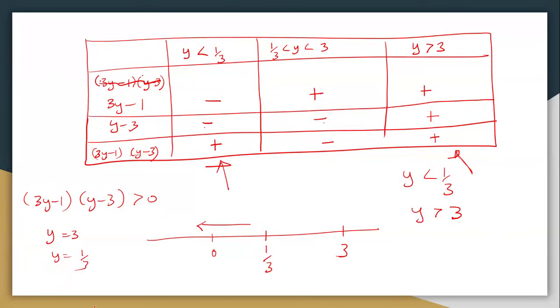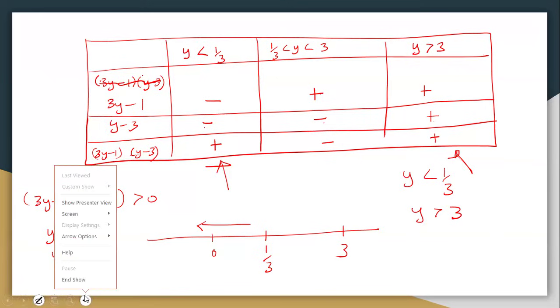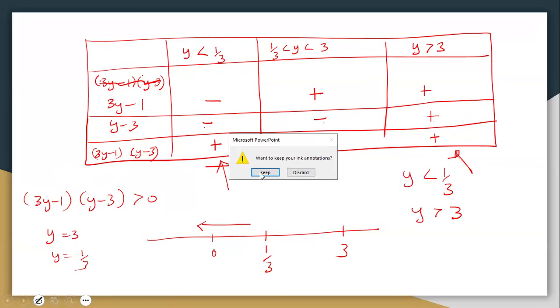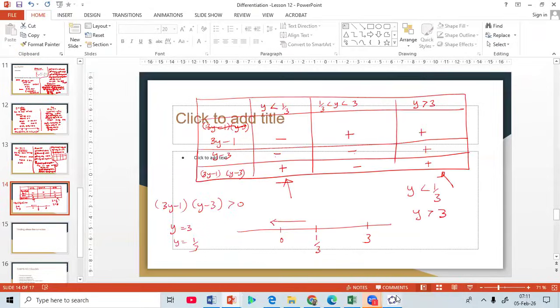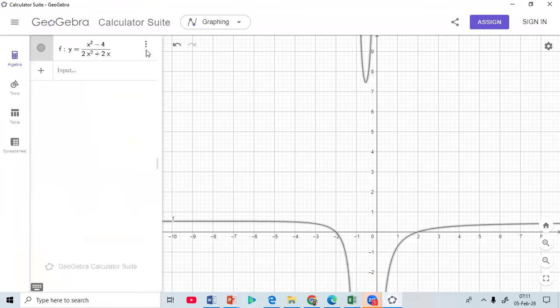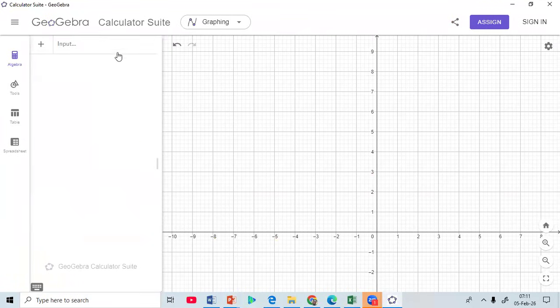Okay, in case you had gone on the graphical bit of it, this is how it looks on the graph. What was the function?